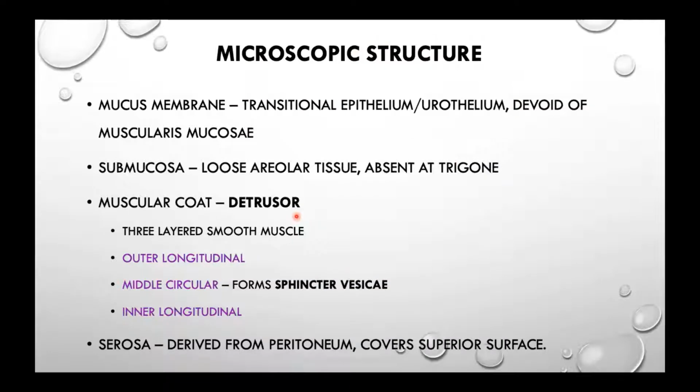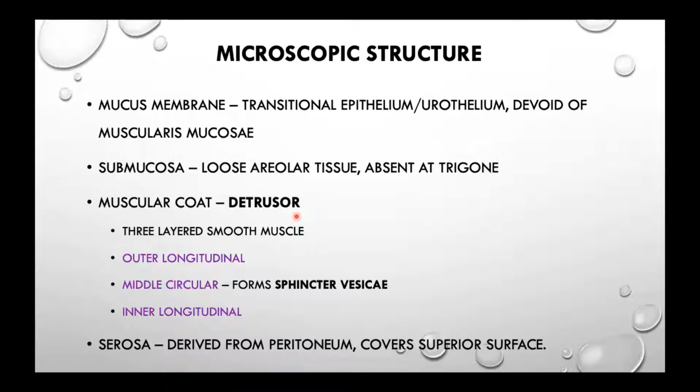Coming to the microscopic structure of the urinary bladder. From inside to outside, we have the mucous membrane or mucosa, then submucosa, then the muscular coat, as well as the serosa outside. The mucous membrane has a specialized epithelium called urothelium, which is nothing but transitional epithelium.